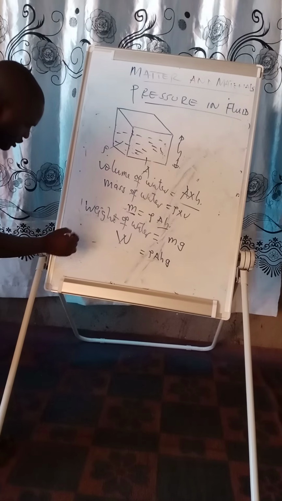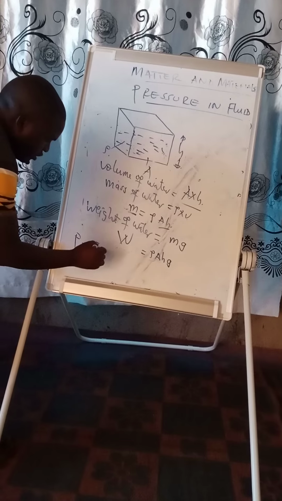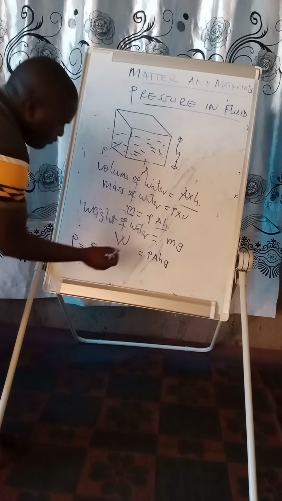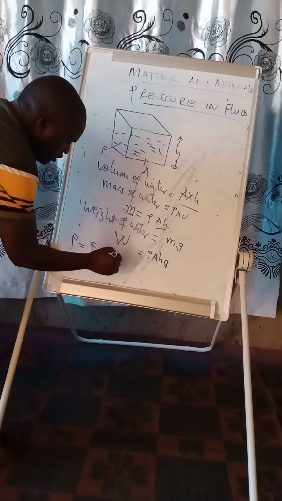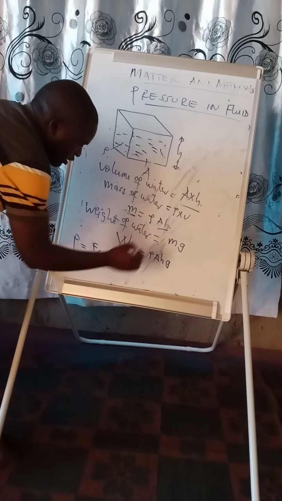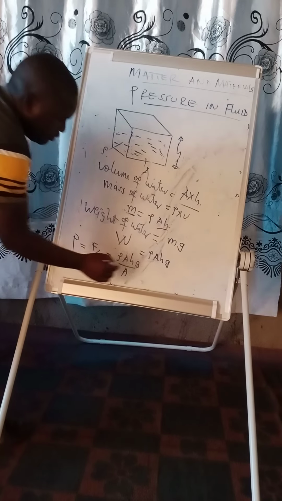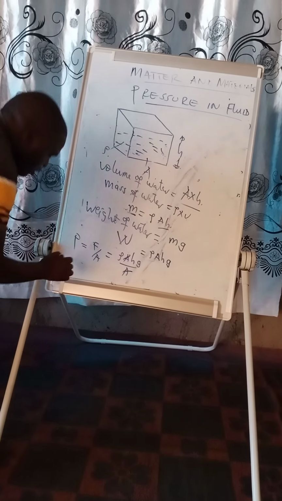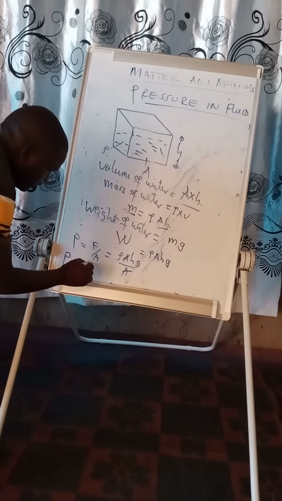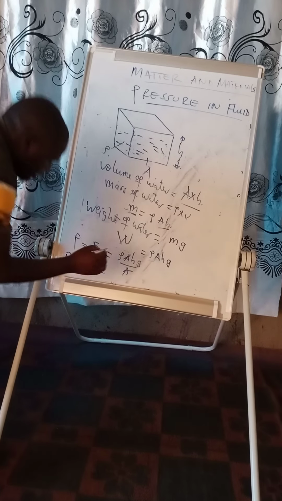But pressure is force over cross-sectional area. And here our force is the weight of water, which is density, area, depth, gravity, over cross-sectional area. So the area will cancel with the area. So our pressure in fluids is density, depth, and gravity.